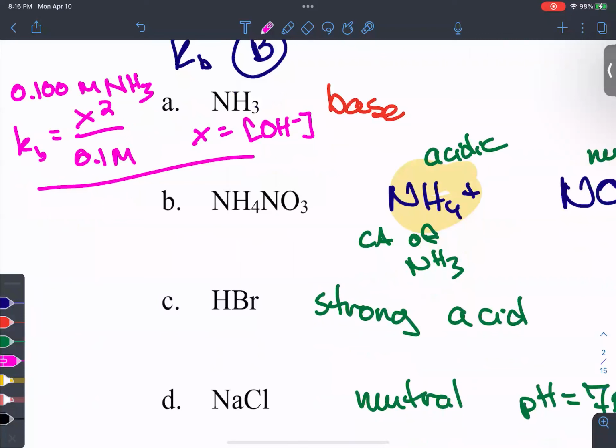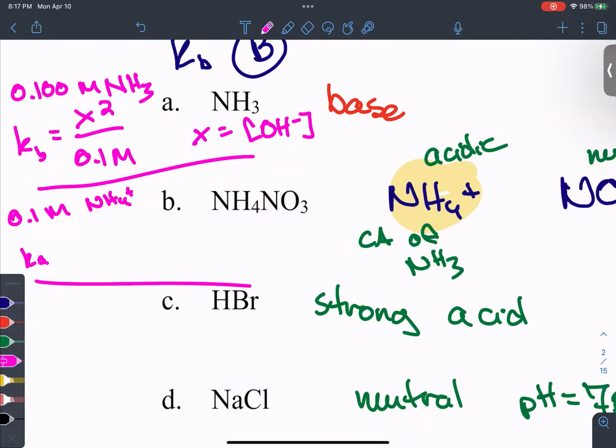All right, the next substance, what if we had ammonium nitrate, and that was 0.1 molarity of ammonium? How would you calculate the pH of that? Can you use a Kb expression to calculate the pH of ammonium? No, because ammonium's an acid, so you have to use Ka. But will the question give you Ka of ammonium?